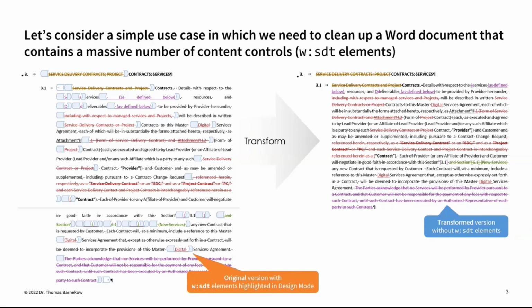So the desire was to transform the documents that came in this form into a cleaner form that did not have those content controls, which you can see here by those markup icons. So the transformation of this document from the left form into the right form was the task.